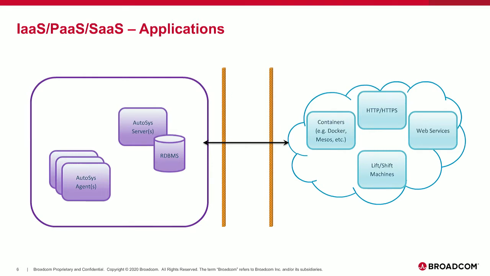So you're moving a system from the on-prem data center to the cloud. And then you have your PaaS environments, which include things like Pivotal Cloud Foundry, OpenShift, Kubernetes, where applications are actually written to take advantage of the platform services that these PaaS solutions provide.